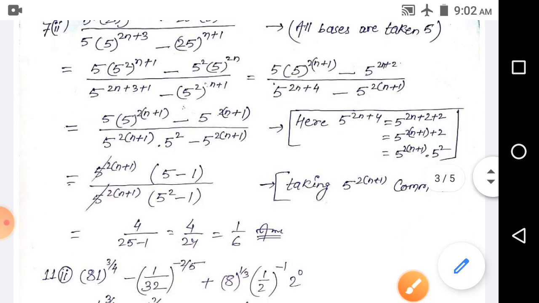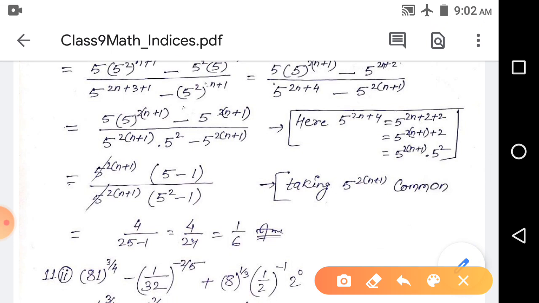See, in the next line, it is 5 to the power 2 into n plus 1, and here also 5 to the power 2n plus 1. In this term we have the same term as 5 to the power 2 whole n with 1 as an exponent, and for this term we can write, see this carefully, it is written here, this 5 to the power 2n plus 4 can be written as 2n plus 2 plus 2.